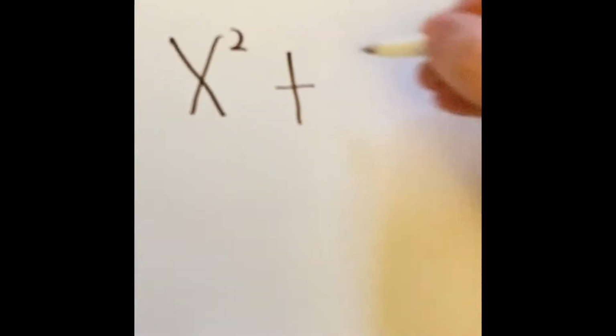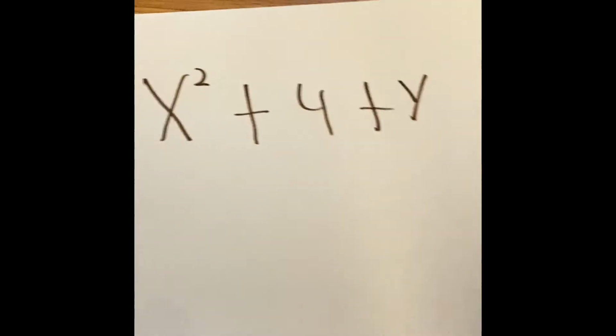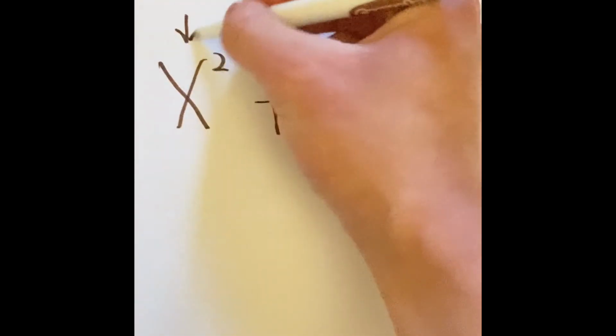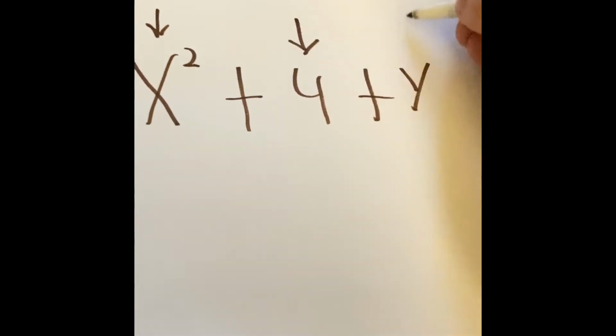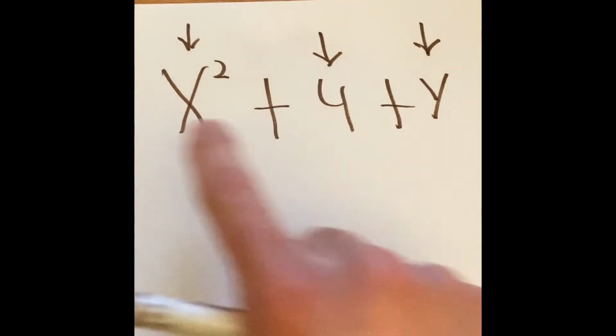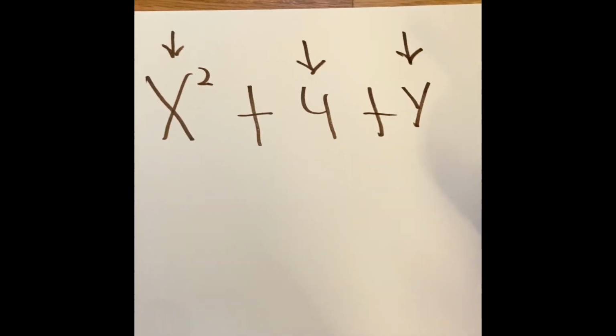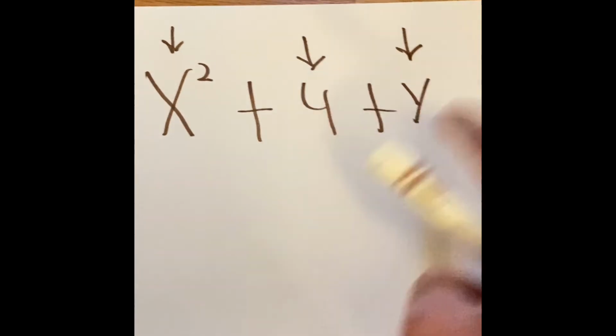When you look at the terms, you count how many objects an equation has, like x squared plus 4 plus y. What we can see here is 1 object, 2 objects, 3 objects. The terms count how many numbers you have that you're working with in an equation.